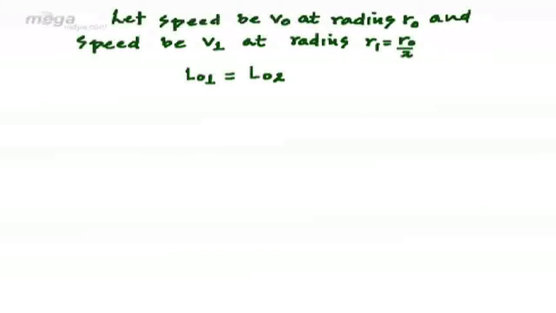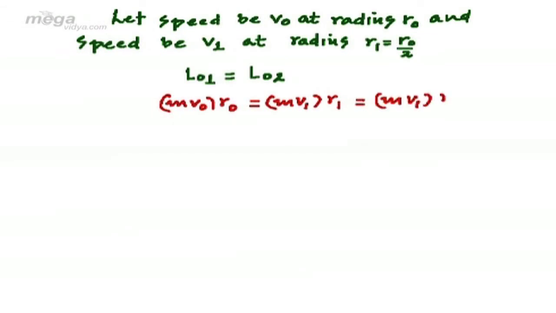So we can say L1 is equal to L2, or L1 can be written as m v0 R0, which will be equal to m v1 R1, or m v1 R0/2, and the value of v1 will come out to be equal to 2v0.